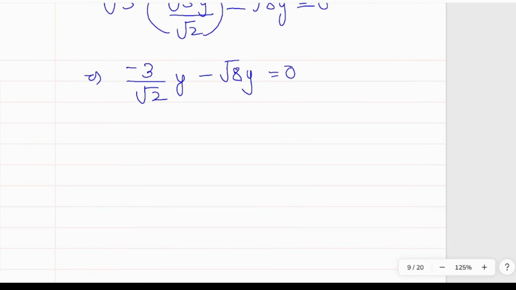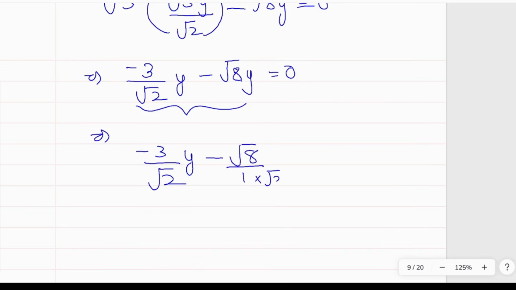Now, looking here, I have to take the LCM, that is minus 3y minus root 8 by 1 into root 2 into root 2 y equal to 0.